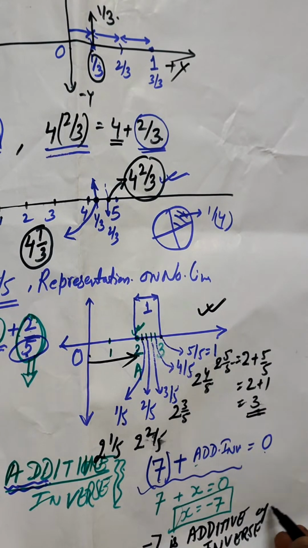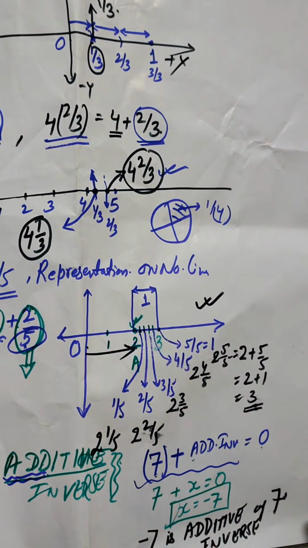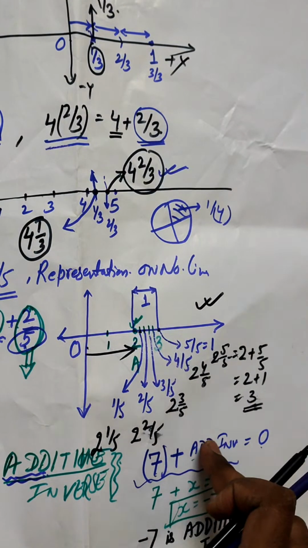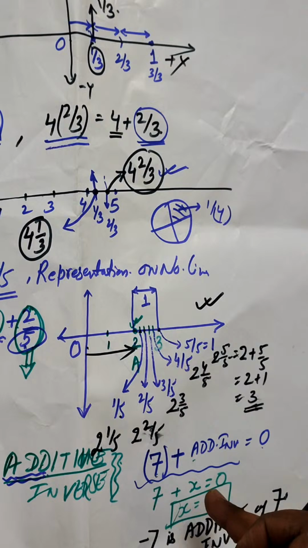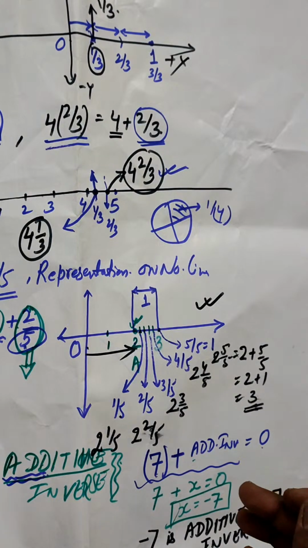Additive inverse of 7, right? So in this way, I hope the additive inverse concept is clear to you. I am again saying, the additive inverse of a number is the same number whose sign is just interchanged, right?